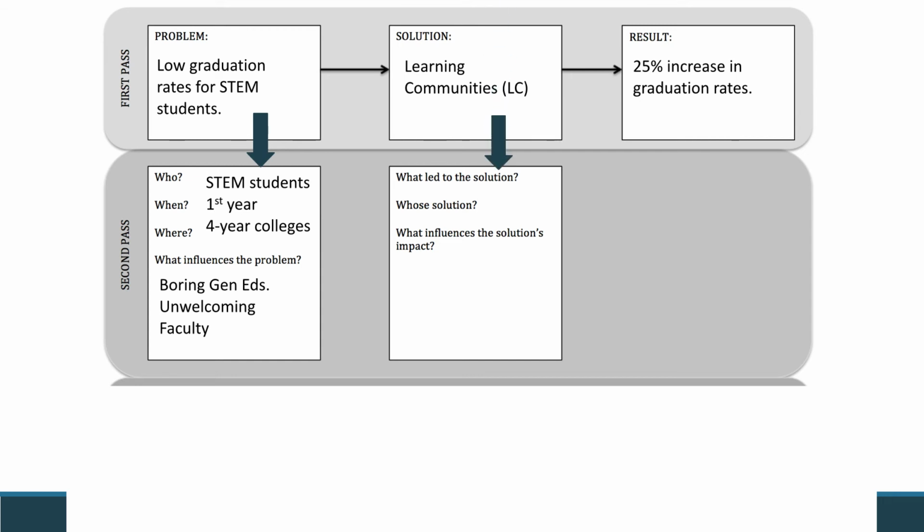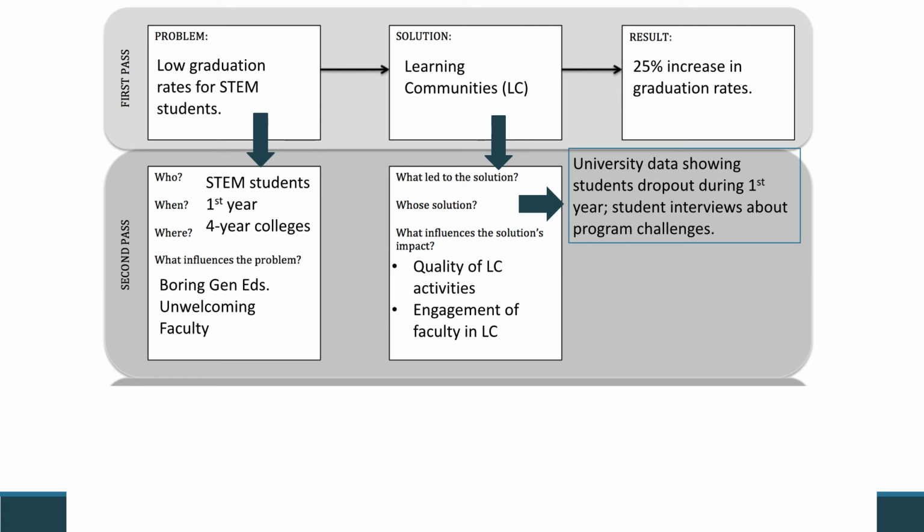We also read key information leading to this solution, such as university data showing the problems and challenges that first-year students have. These help us better understand our problem and our solution.